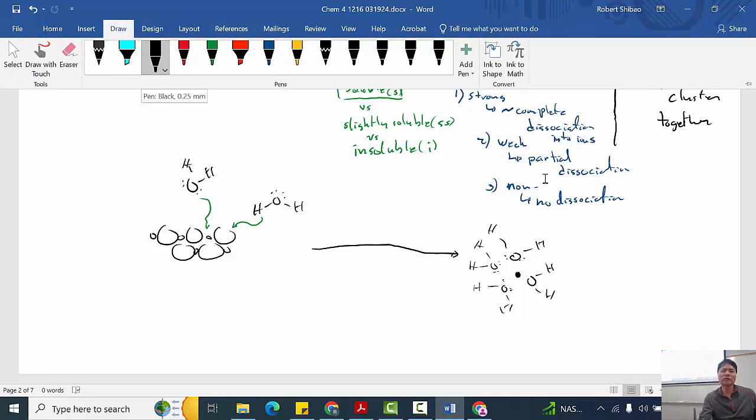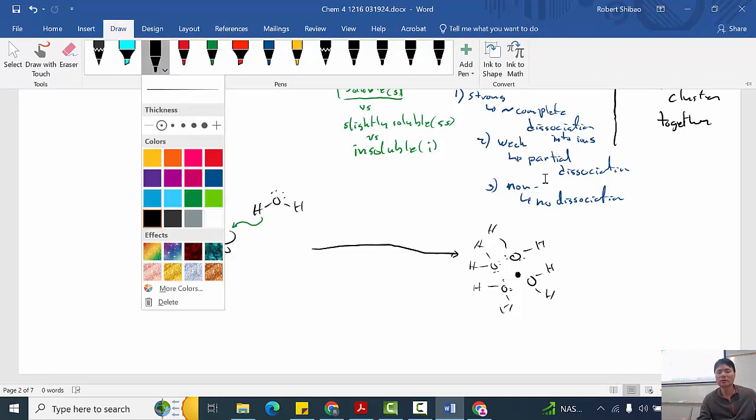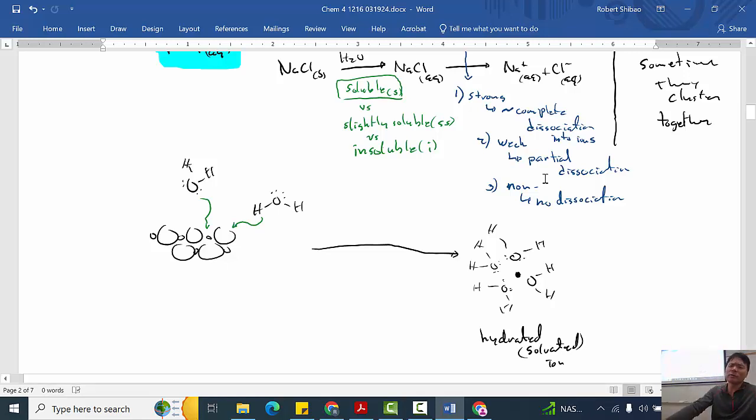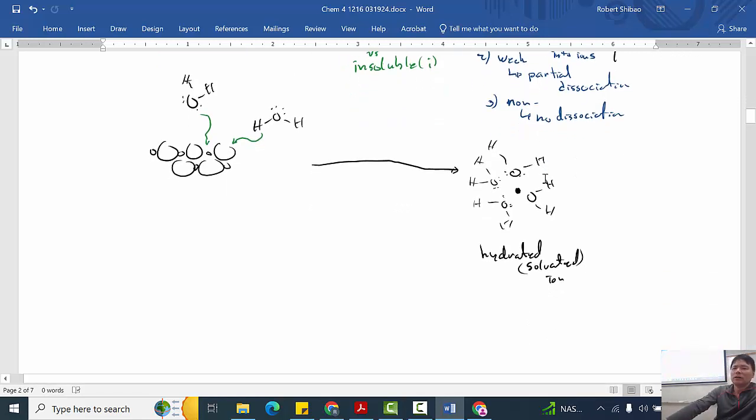This is called a hydrated or solvated ion. Hydrated because it's water. Solvated because water is what we call the solvent in this particular case. And these ions are still mobile. They can move around. And so they have translational mobility now.